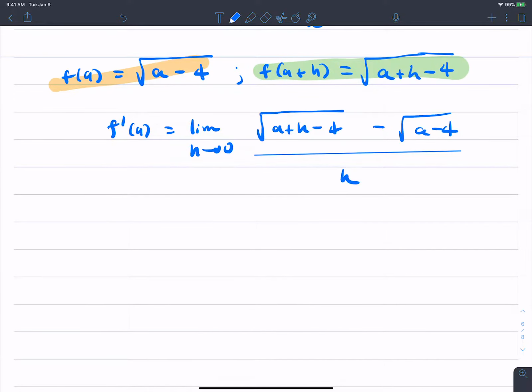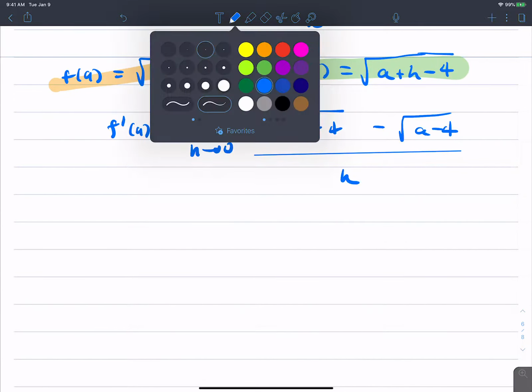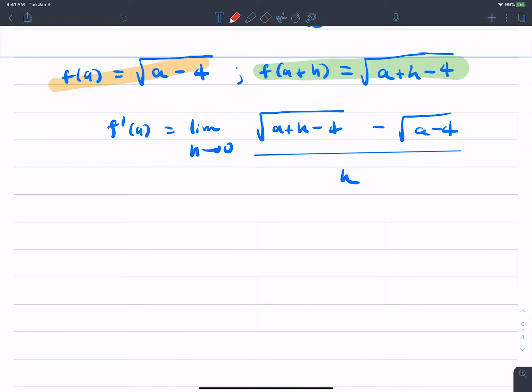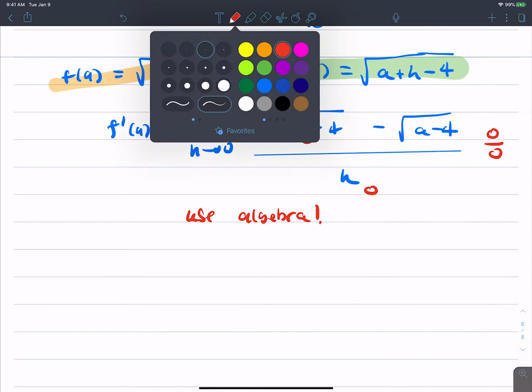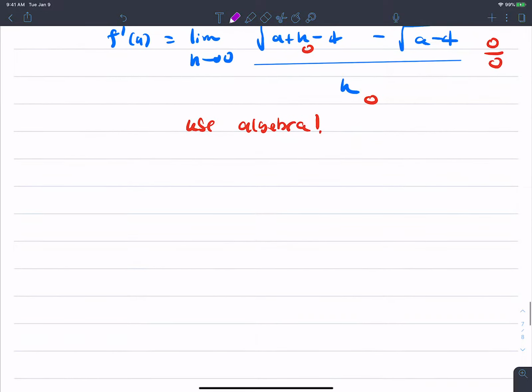All right, so now you might say, okay, if we apply the limit h is 0, you're going to get an indeterminate form, ladies and gentlemen. H is 0, right? So obviously, we can't have that. We have to use algebra. So as you guys may know, at this point, I'm going to write this down.